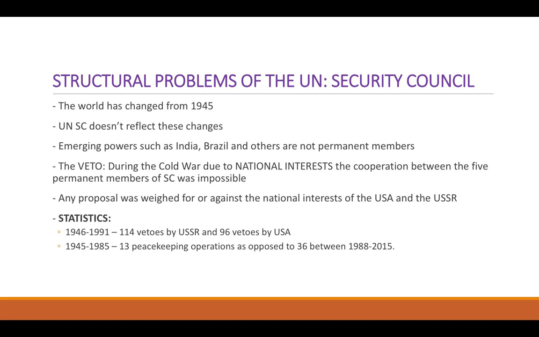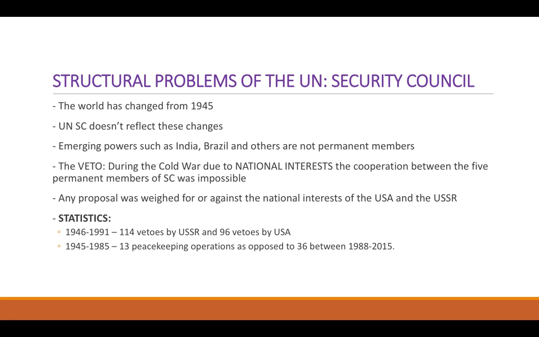If the conflict being discussed in the Security Council was not in favor of the national interests of the Soviet Union, it would block the decision. Or if it was the USA that had a problem, because the issue contradicted its national interests, then it would veto the decision. Any proposal was weighed for or against the national interests of the USA or the USSR.